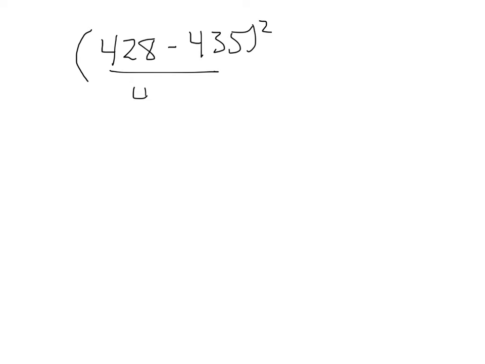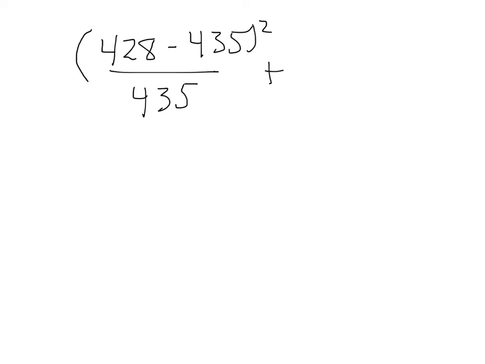So let's plug in our actual values. We have 428 observed minus 435 expected, squared, over 435. Square the difference first and then divide by 435.